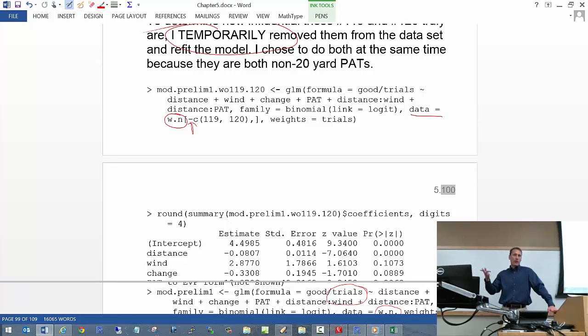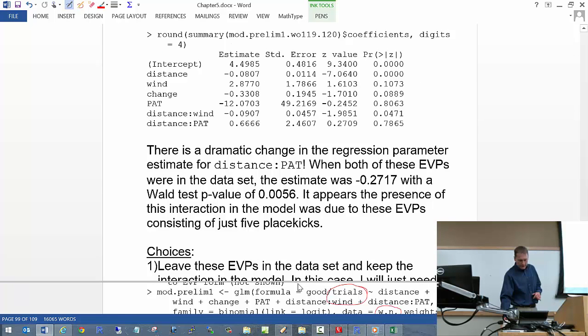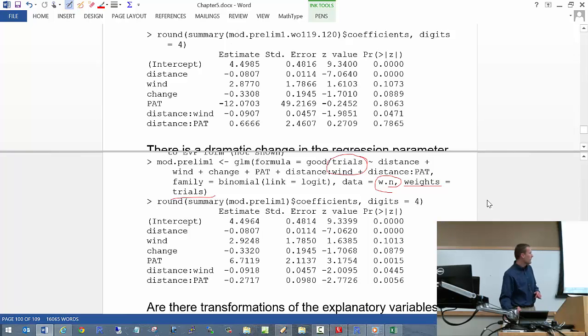You'll verify on your own that indeed this basically just removes 119 and 120. And so this is what I get then after I estimate my model. That's in the top. And in the bottom is going to be what I had before with 119 and 120 in the model.